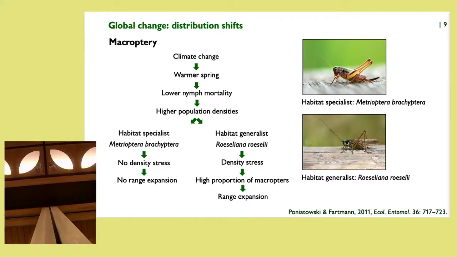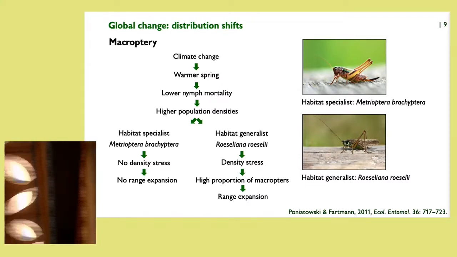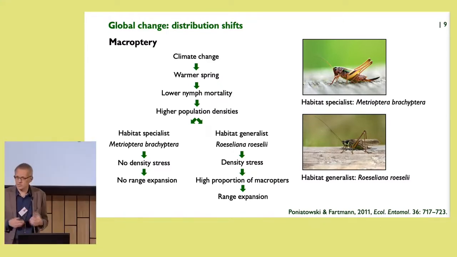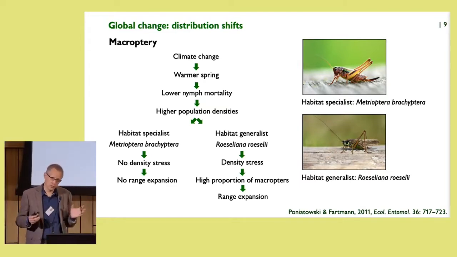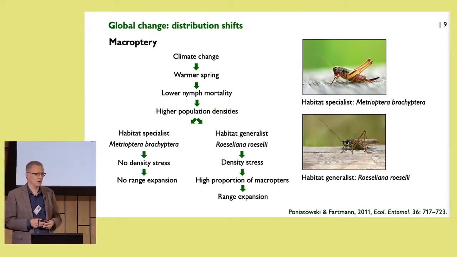For this habitat generalist there are a lot of habitats available, so expansion is possible. If we had as many macropters in Orthoptera, habitat expansion would hardly be possible due to the lack of suitable habitats for this habitat specialist.